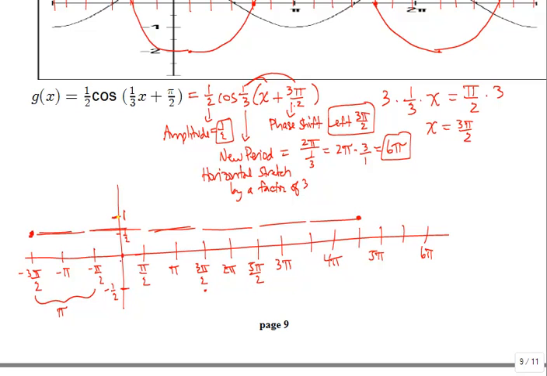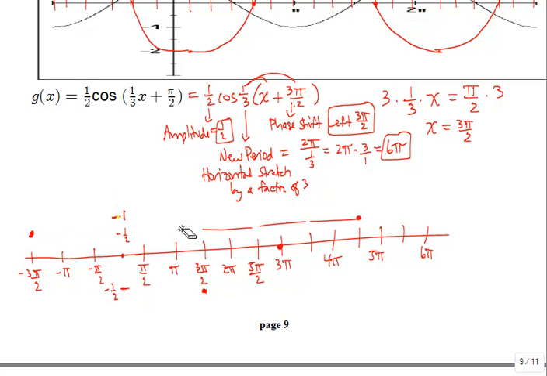That's where my 0 is going to be. So I should have an equal space between this dot and this dot, and between this dot and this dot. So I've got 3 tick marks, 3 tick marks, 3 tick marks, 3 tick marks. I'm just trying to keep it all nice and balanced.